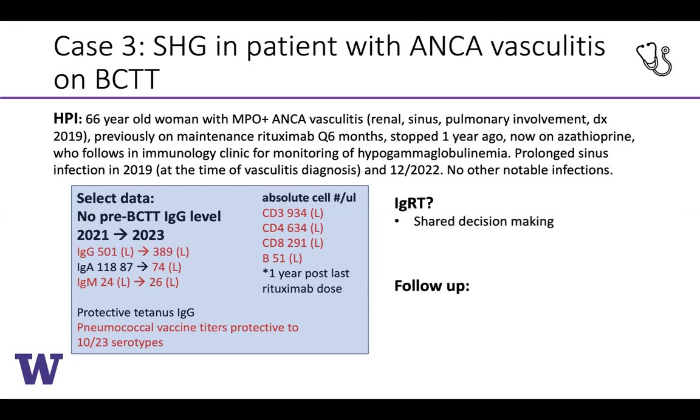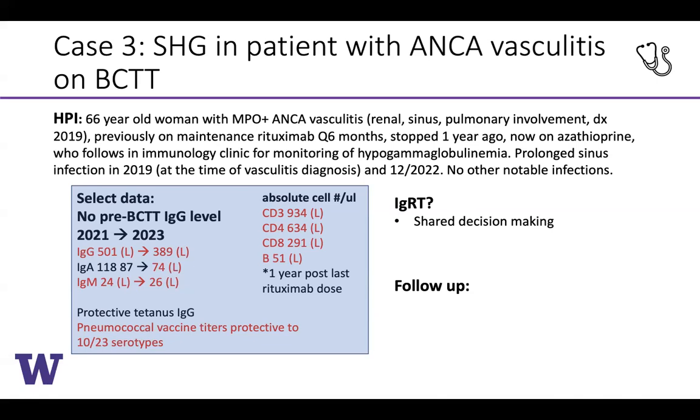But for this patient, following the flow chart for do we treat or do we not treat with IGRT, shared decision-making. For this particular patient, we are monitoring her clinically. A lot of it is due to the patient's personal goals of care, which played a big role in making this decision.